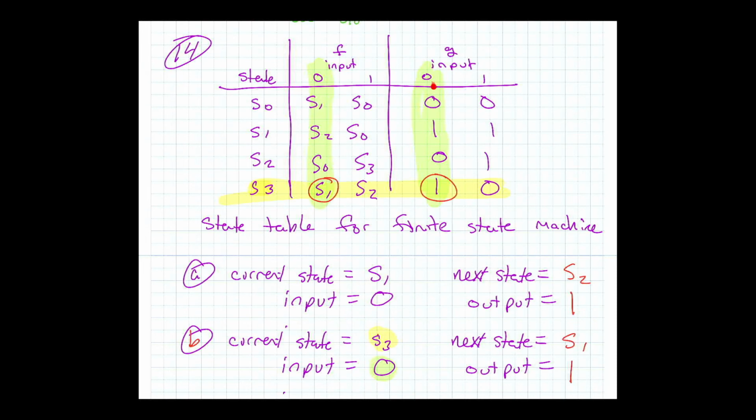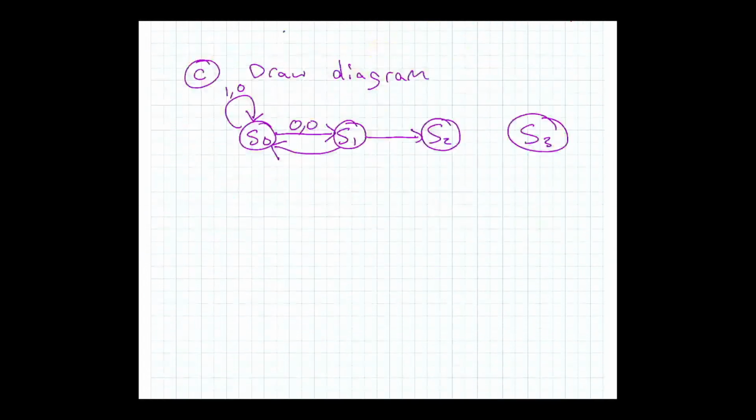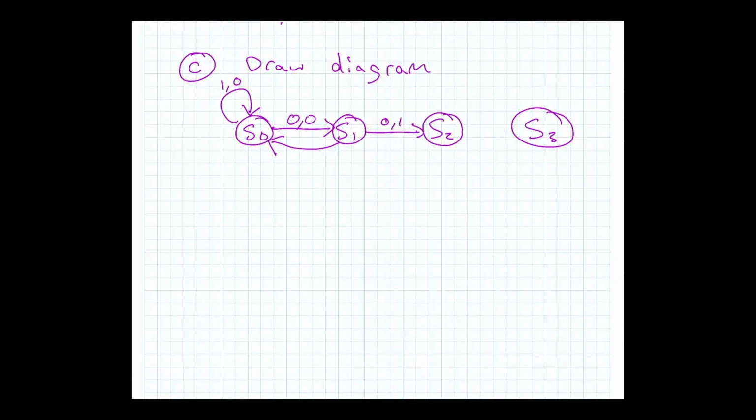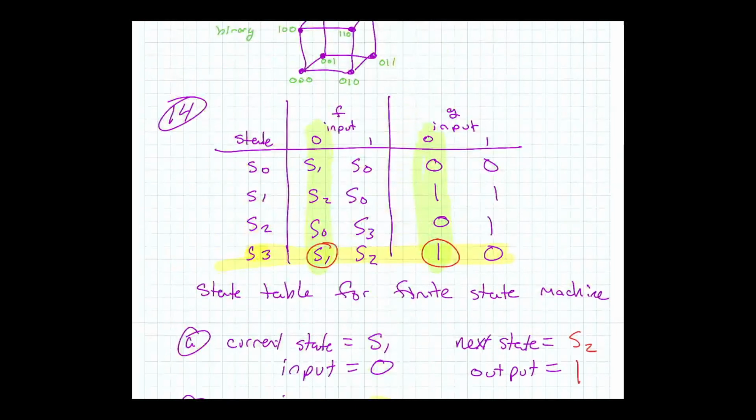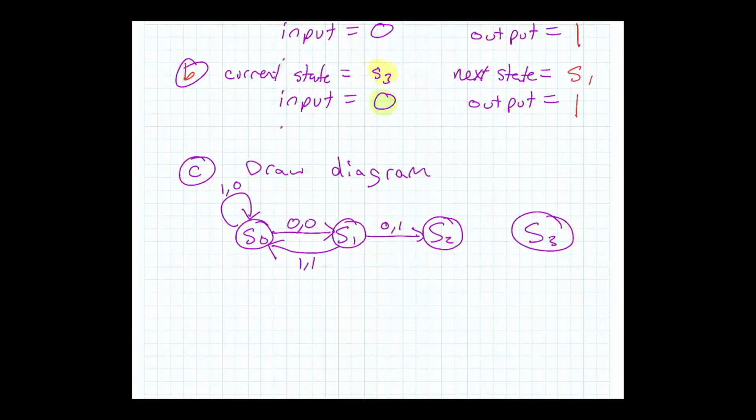So input 0, output 1. So 0, 1 corresponds to this entry. 0, 1 on the arrow that goes to S2. The other one is input 1, output 1. So 1, 1 on the other one. All right, half done.